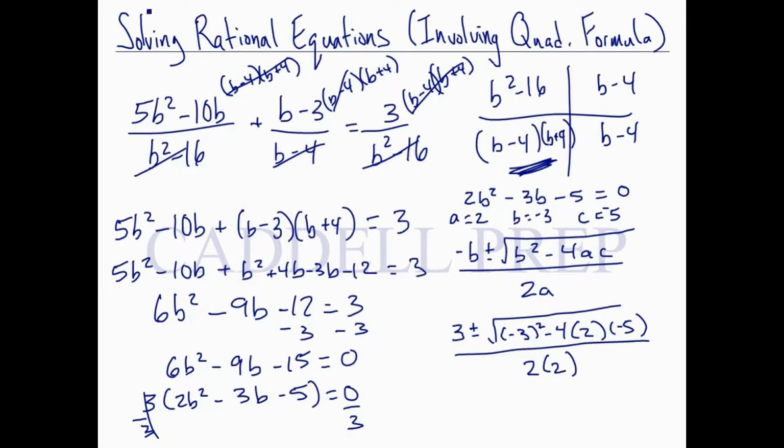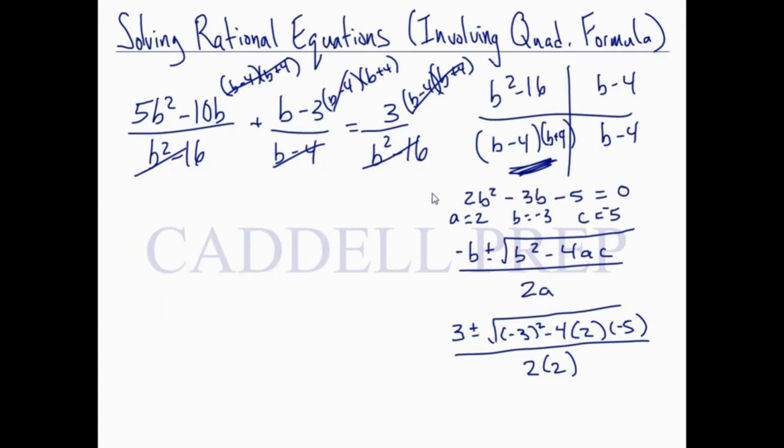Alright, let's make some space here. And now let's solve this. So 3 plus or minus the square root, negative 3 squared, that's positive 9. Then we have negative 4 times 2, that's negative 8. And times negative 5 is going to be positive 40, over 2 times 2, which is 4.